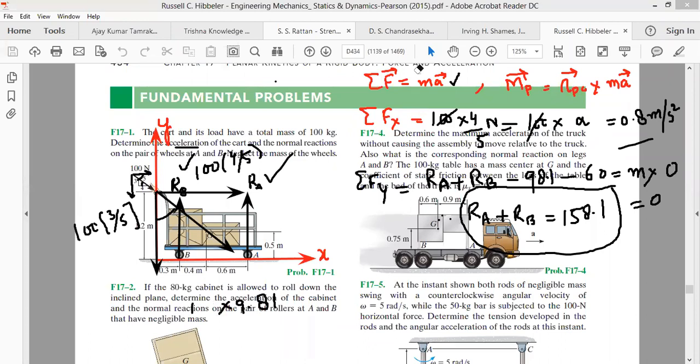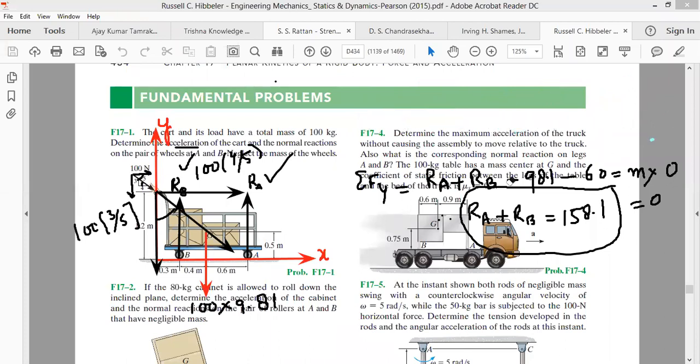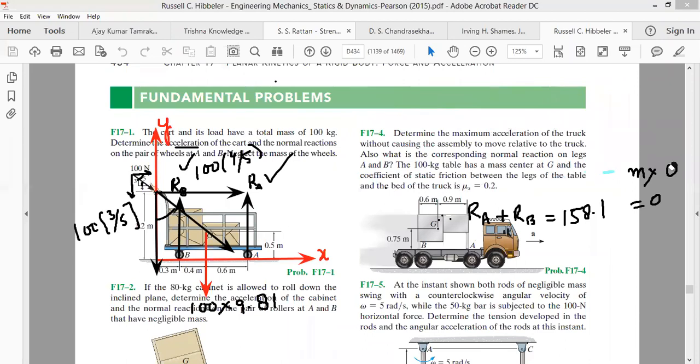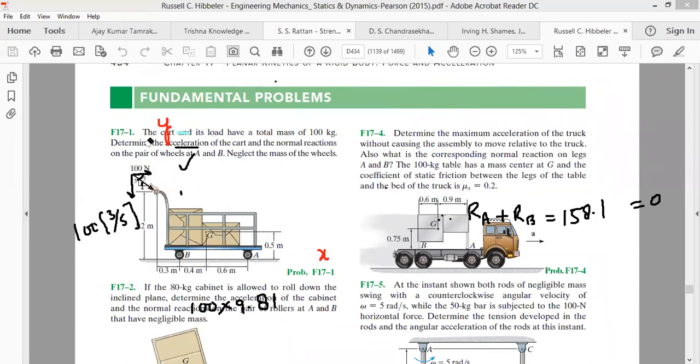Now we have to find the normal reactions. In order to find them, let me rub these equations. We have the equations in hand. Let me rub these as well.